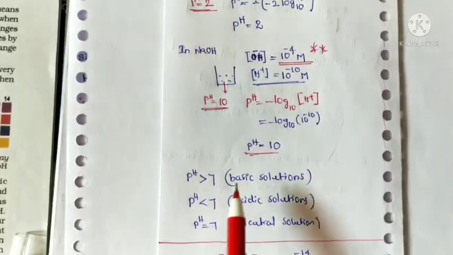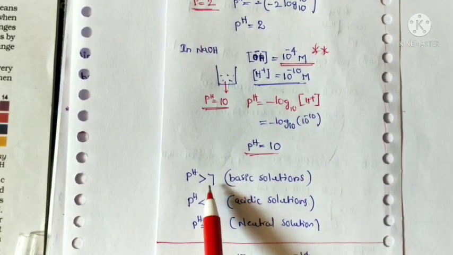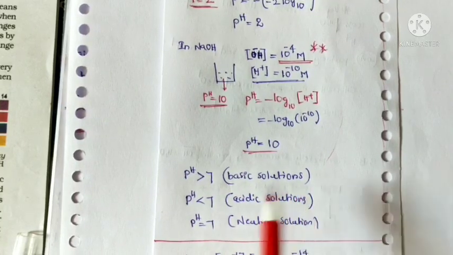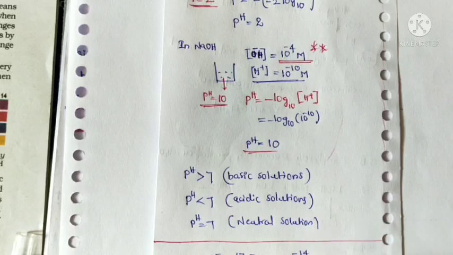According to the pH scale, if pH is greater than 7, those solutions are called basic solutions. Less than 7, those solutions are called acidic solutions. If the pH equals 7, those solutions are called neutral solutions.